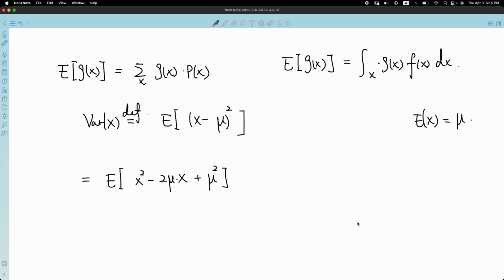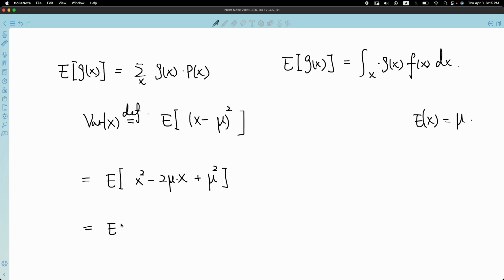Here we're just expanding the square and achieving the second line. And here the expectation is a linear operation. So that means I can distribute the expectation operation to each of the three terms. What I mean by that is the following.